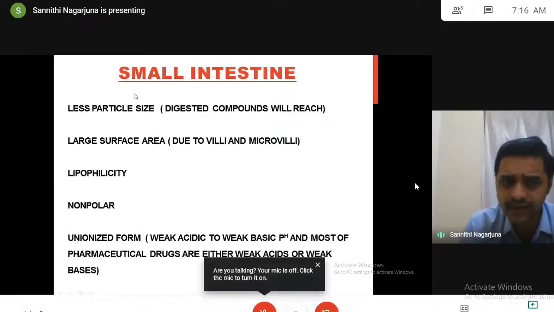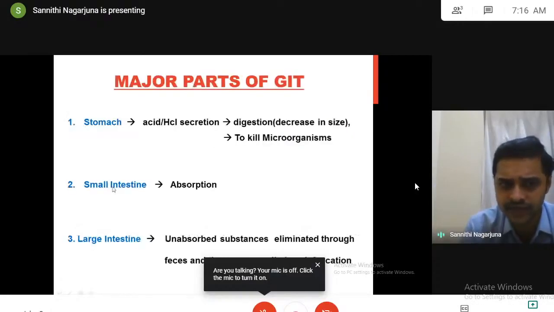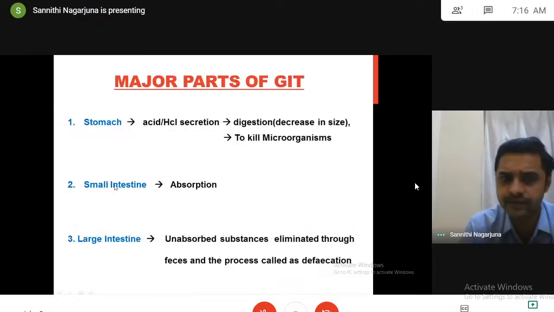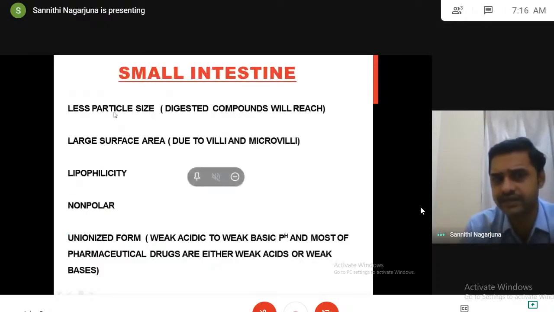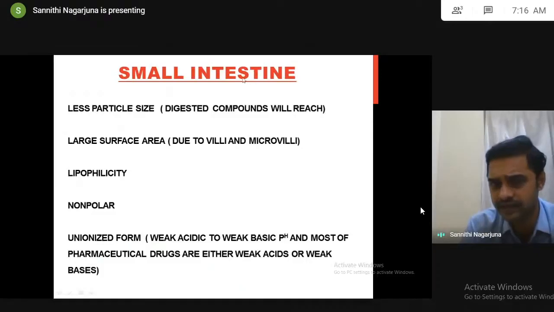How will you get all these things in the small intestine? What type of things will reach the small intestine? The things from the stomach will reach the small intestine. Already in the stomach, they undergo digestion, so all digested compounds will reach the small intestine. As a result, particle size will decrease.